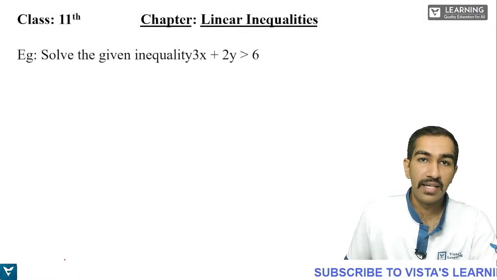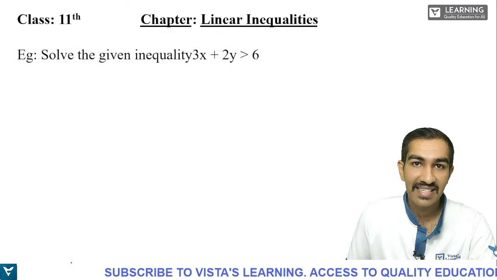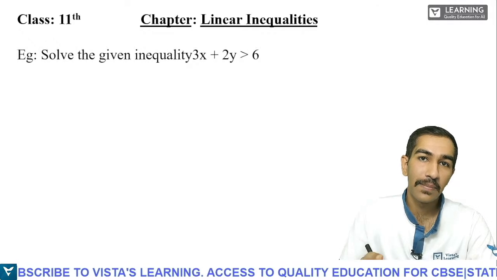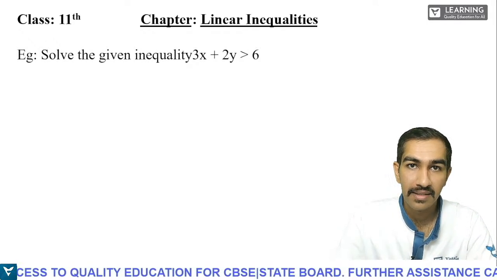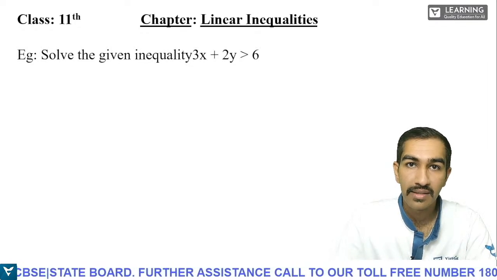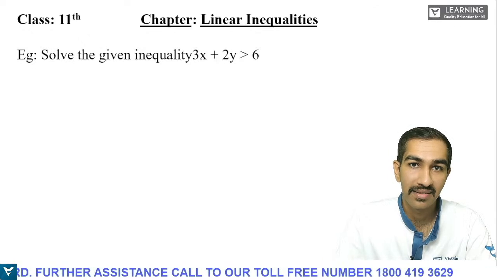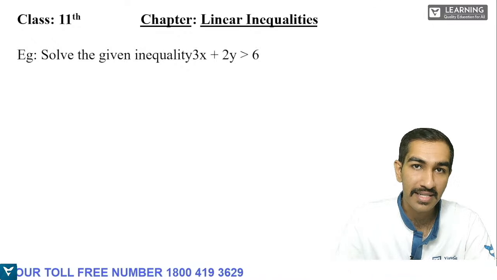So we'll take the very first example. Solve the given inequality, which is 3x plus 2y is greater than 6. Now observe, students: 3x plus 2y. x is a variable, y is also a variable. What is the power of x? 1. What is the power of y? 1. Both powers are 1, so it is called linear.